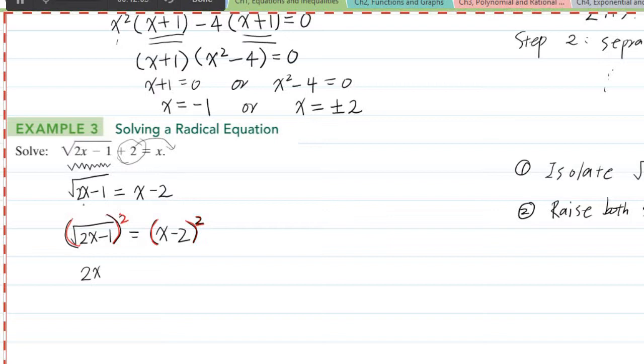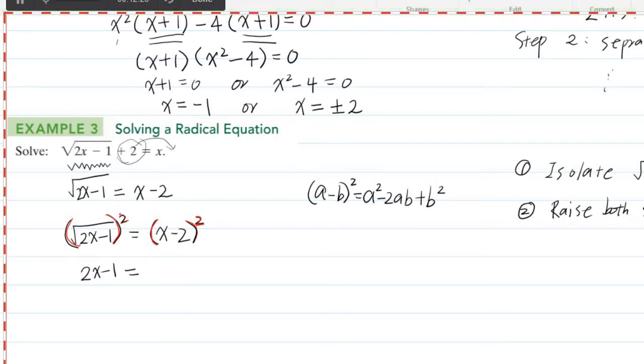What we have left on this side is 2x minus 1 equal to, because this side is going to cancel out, the x minus 2 squared. I will write the formula right here. It's the form of a minus b squared equal to a squared minus 2ab plus b squared.